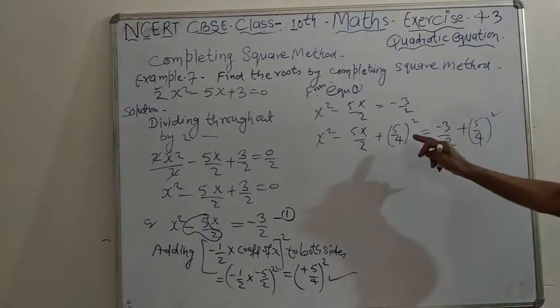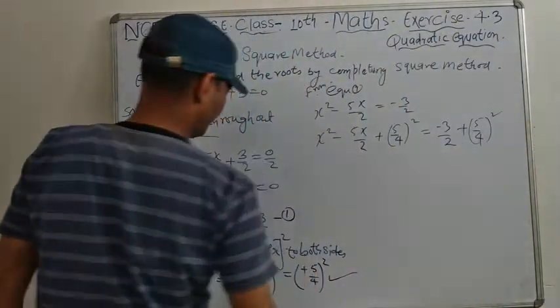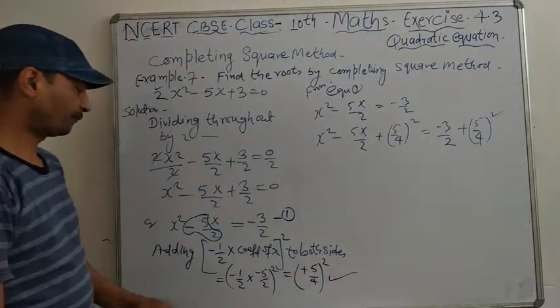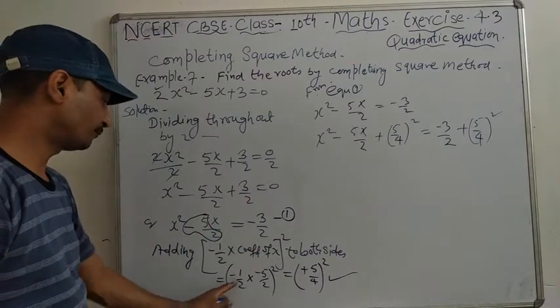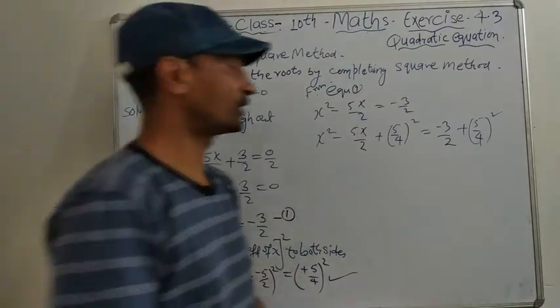To get this number, we do this process: minus 1 by 2 into the coefficient of x, whole square. So we get 5 by 4 square, adding to both sides.